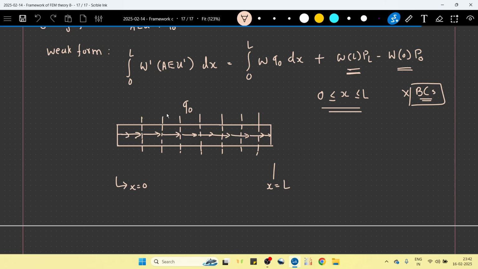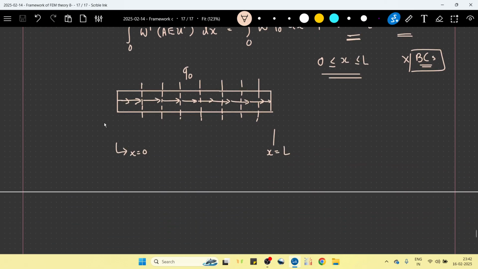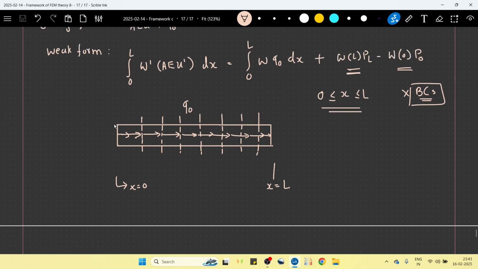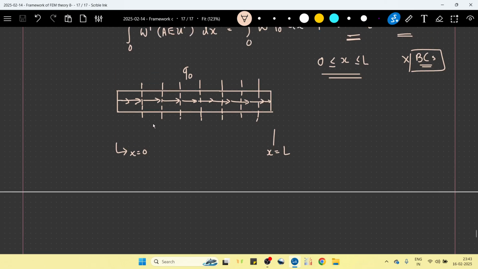And as you know, in the FEM framework, first we get a strong form, then the weak form, then the discretized weak form. That means we first discretize the domain into a number of finite elements, and we write the discretized weak form. So let's take, for example, that we are discretizing into n finite elements.